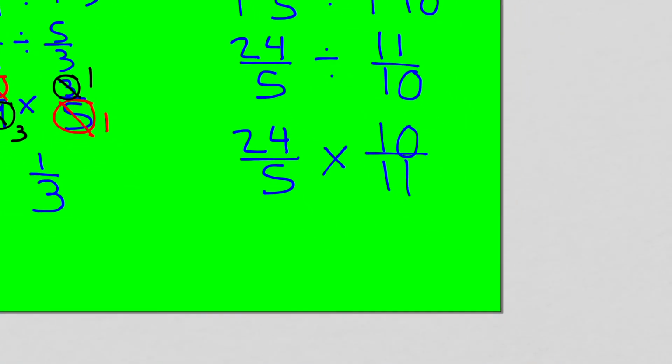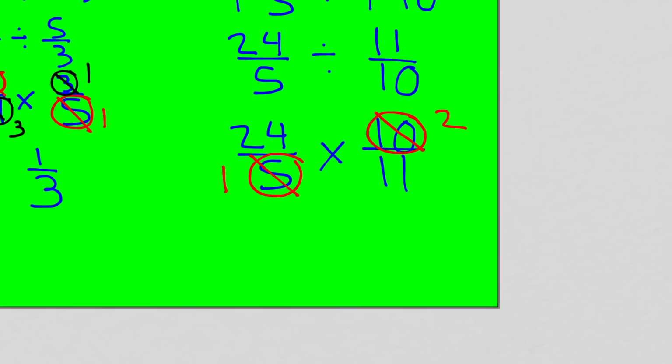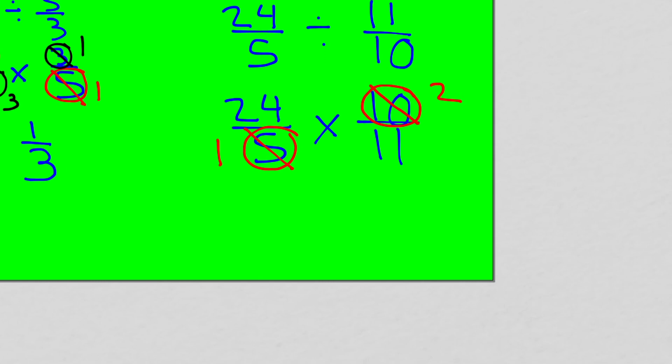And then don't forget to simplify. I see the 5 and the 10 can be simplified by dividing by 5. 5 divided by 5, 1. 10 divided by 5, 2. We're left with 24 over 1 times 2 over 11. That's going to give me 48 over 11.